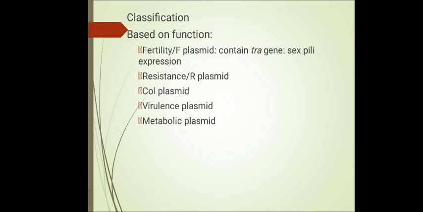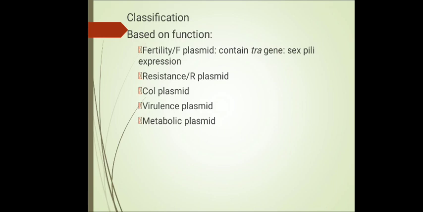The F plasmids are conjugative plasmids, also known as fertility factor. These plasmids code for the formation of sex pili, which favors conjugation between F plus and F minus cells.